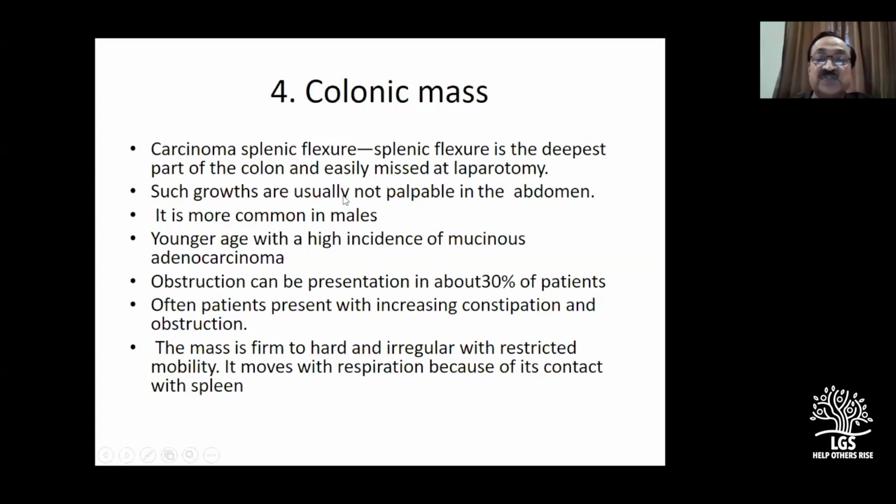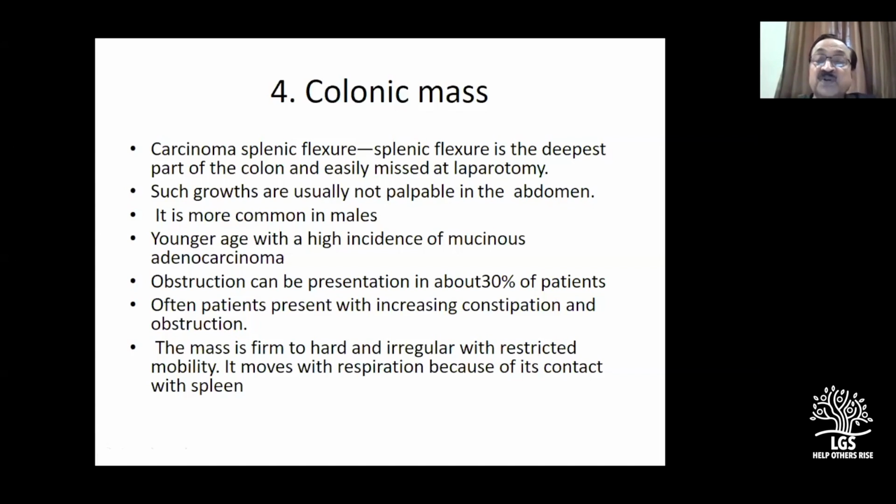So such growths are usually not palpable, as I mentioned to you. But in our country, they come late to the hospital. Obstruction is the feature. They have increasing constipation, obstruction. The mass is firm to hard, most of the time with restricted mobility. It moves with the respiration because of the contact with the spleen. But when it is fairly big, because of its irregular fixity, it also does not move with the respiration.